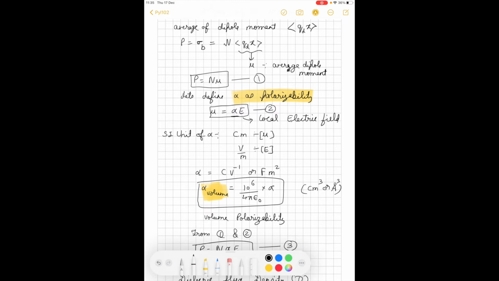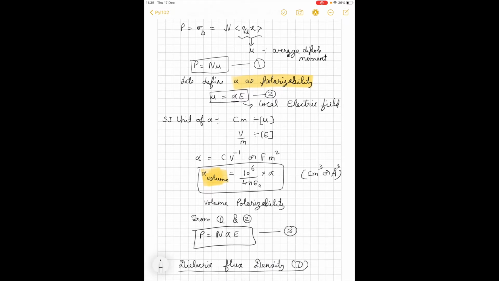I think there's a mistake here in the dimension. It should be times meter squared also, because mu has Cm and E has V per m. So that's why it's farad meter squared. Here it has to be meter squared.